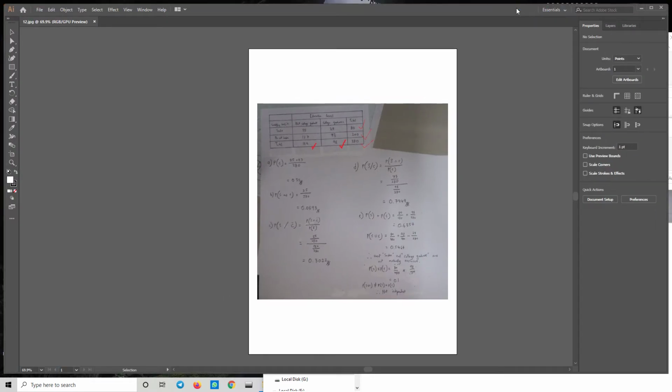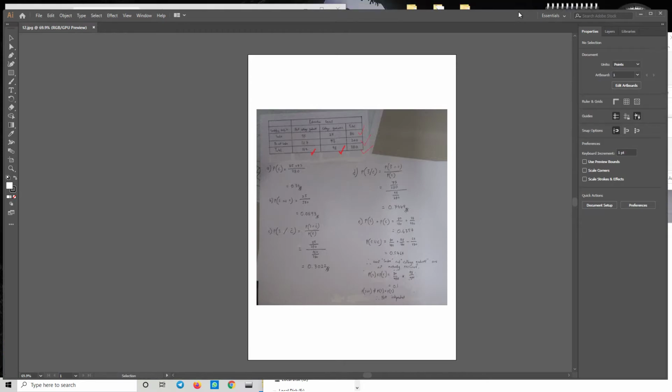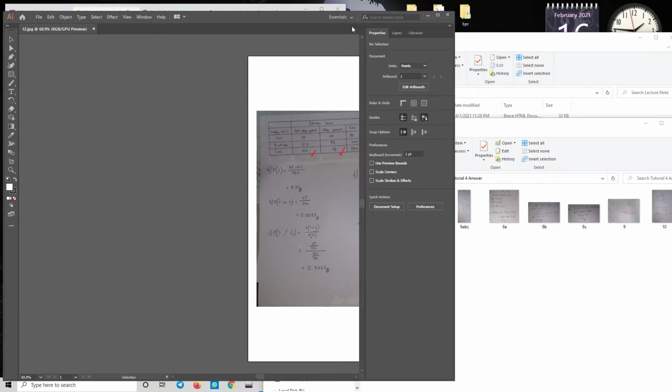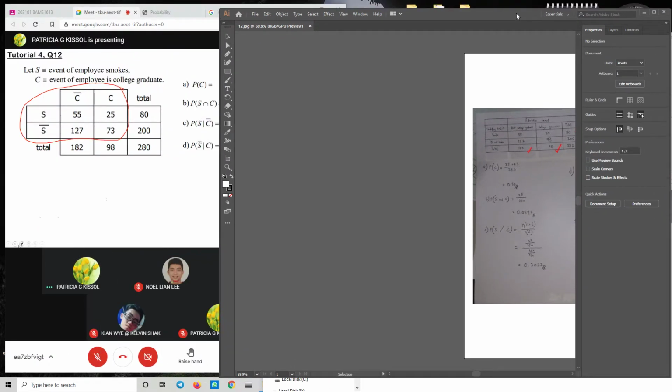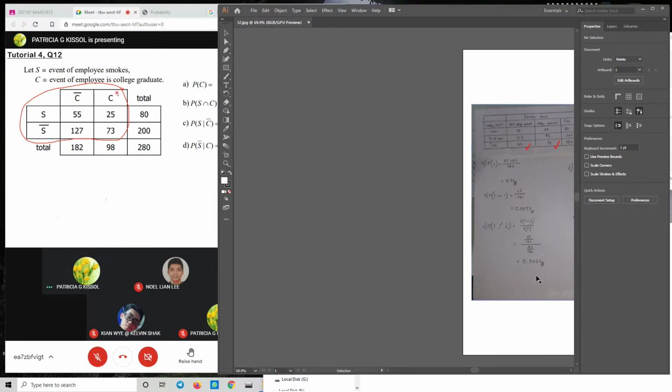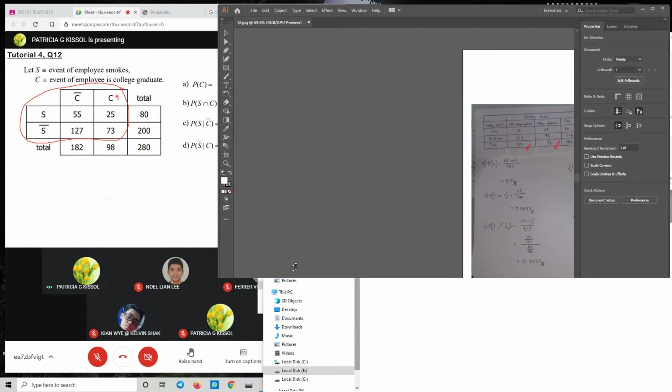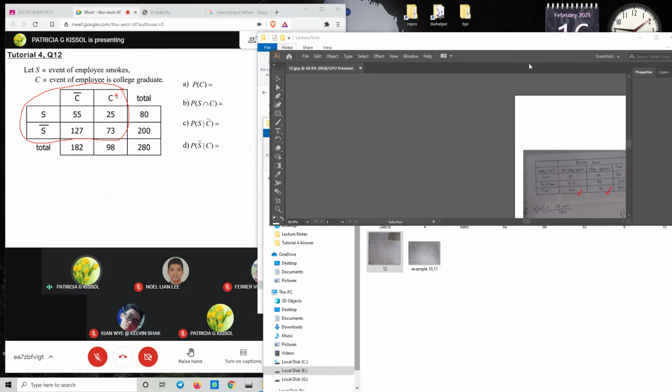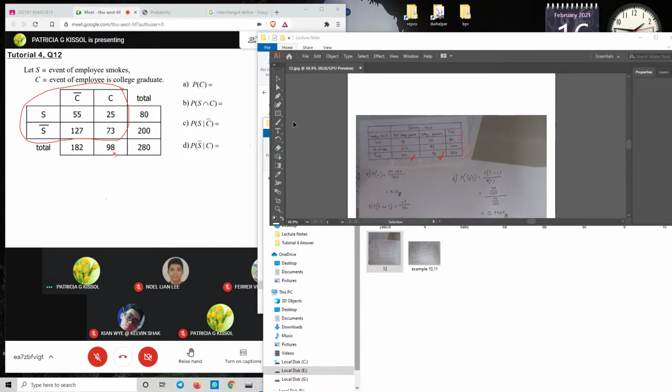Well, the first question asked here, there are several actually, is the probability of C. So probability of C is in response to college graduate, the employee is a college graduate. How do we solve it? By just looking at the column C, and we have 98.